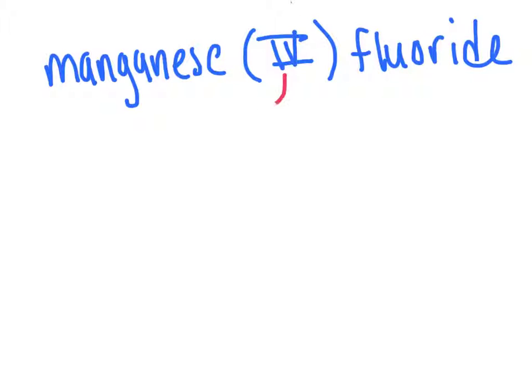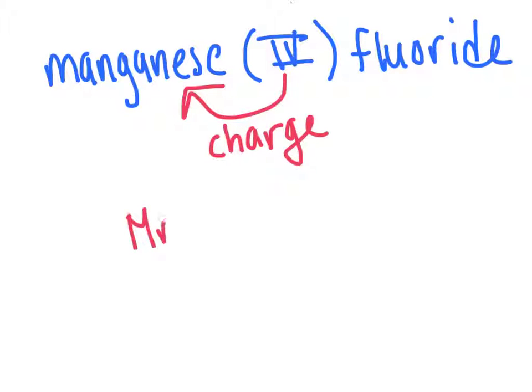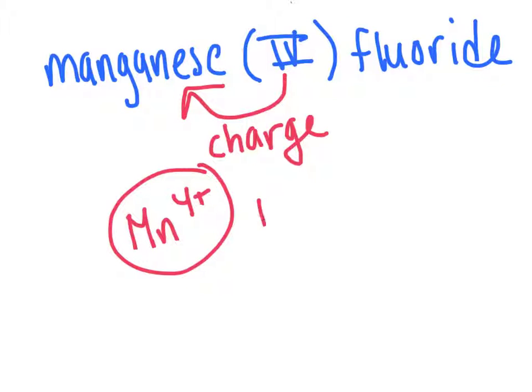Okay, so what do I know? That tells me the charge of manganese. It must have more than one charge. It can have 4 different charges. So I know that I have a manganese 4+ sitting around next to fluorine, which has 1-. Now that, my friends, does not create a neutral compound, 4+ and 1-.